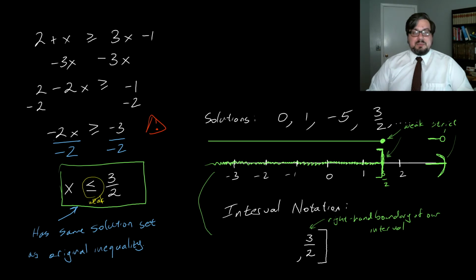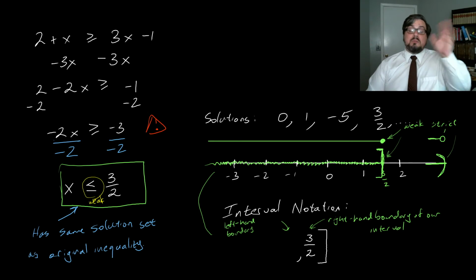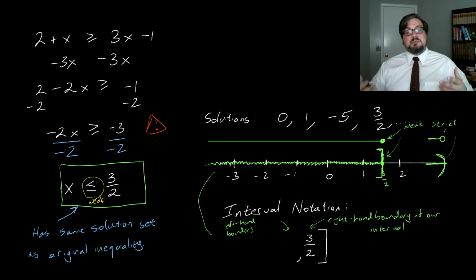Now the left-hand boundary goes in the first position. Now in this problem, there is no number which is a left-hand boundary here. The numbers in our solution set include all numbers less than 3/2, which means that our set of solutions just keeps going to the left further and further, and there's no end to it.